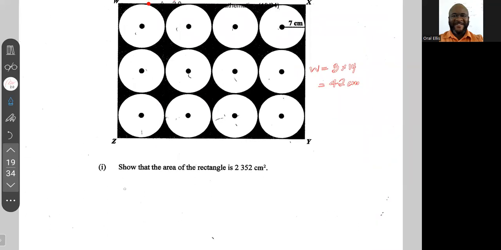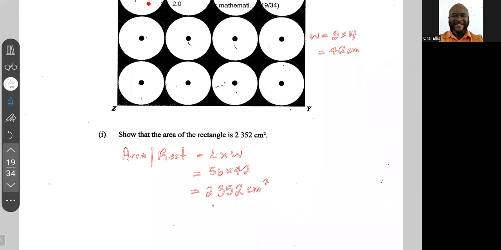So the area of the rectangle is equal to length times width, which is 56 times 42, and this is equal to 2,352 centimeters squared.